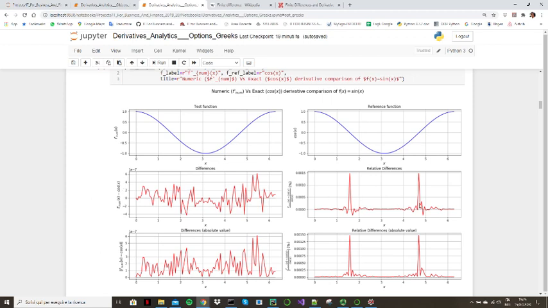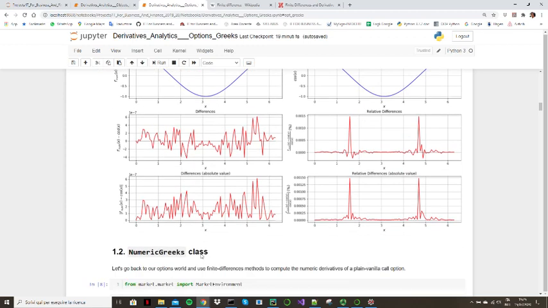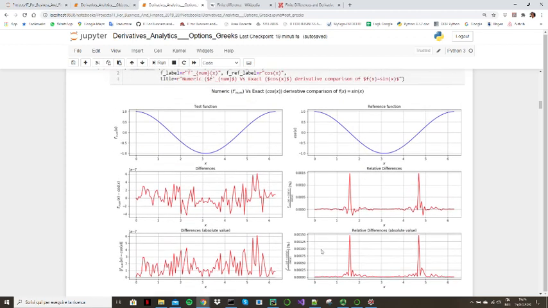Here are the relative differences, and on the bottom you have the same but in absolute terms, taking the modulus. So we see that the biggest differences, at least in relative terms, are where the derivative is 0.